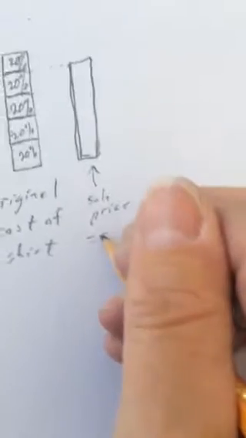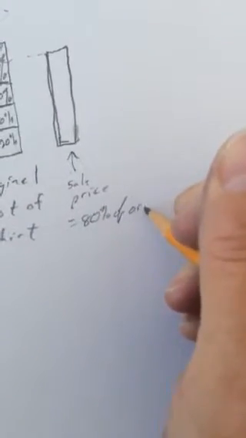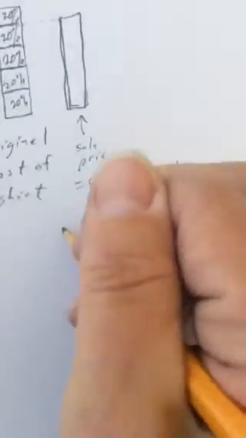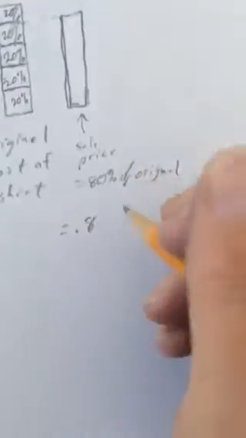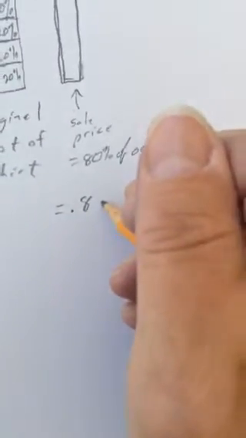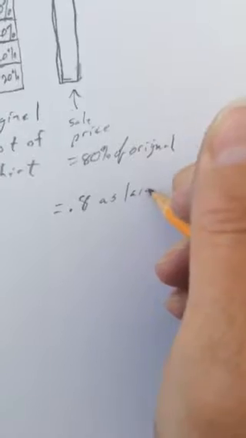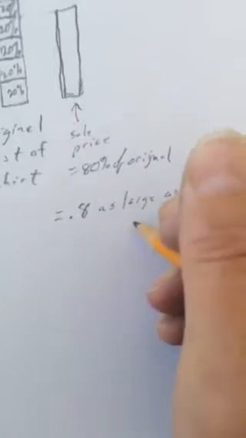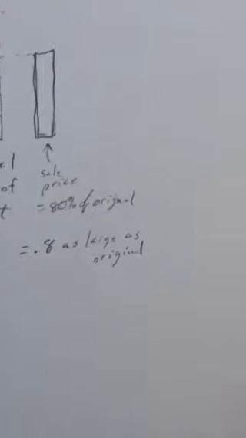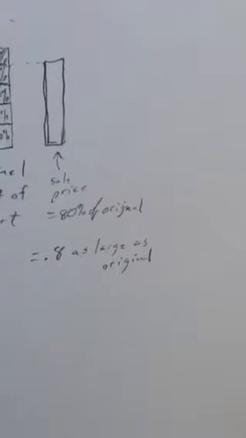And we know that it's equal to 80% of the original. Or I can say it's equal to 0.8 times the original, or 0.8 as large as the original.